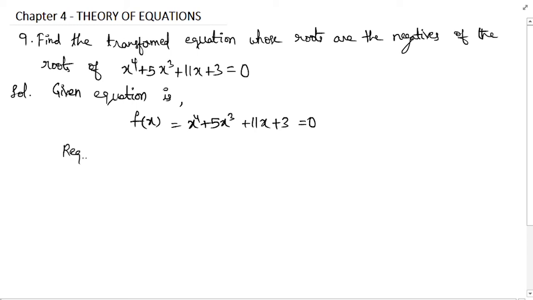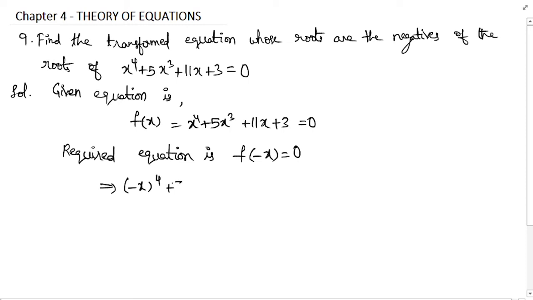What we have to find is the required equation f(−x) = 0. That implies (−x)⁴ + 5(−x)³ + 11(−x) + 3 = 0.